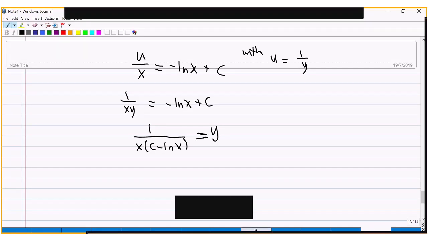Let's see if there are any questions. So these are the examples on the Bernoulli equation, Examples 3 and 4.